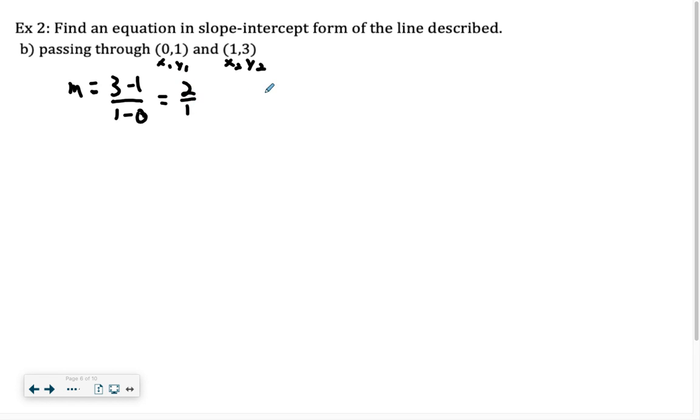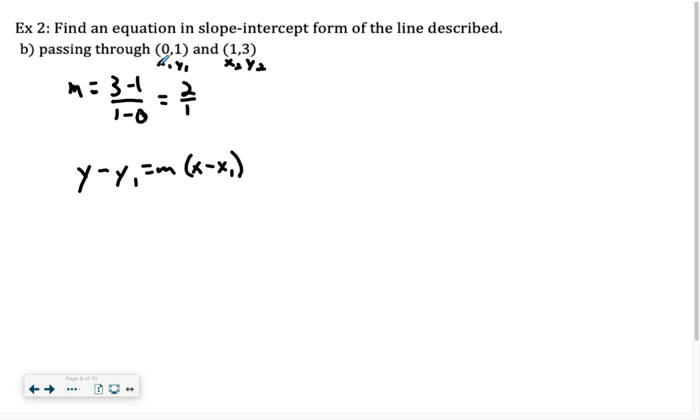All right. So now what I know is the slope, and I have 2 different points now. I'm going to plug one of those points into my point slope form of a line. It does not matter which point I choose. I can choose this point or this point.